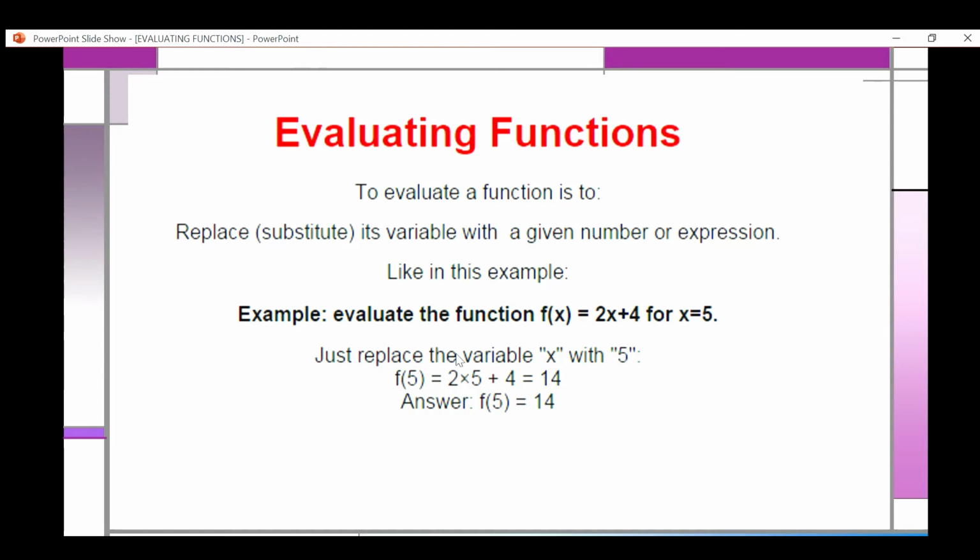So it becomes f of 5 equals 2 times 5, substituting 5 in our expression, plus 4. Simplifying, 2 times 5 is 10, plus 4, and that is equal to 14. So f of 5 is 14.